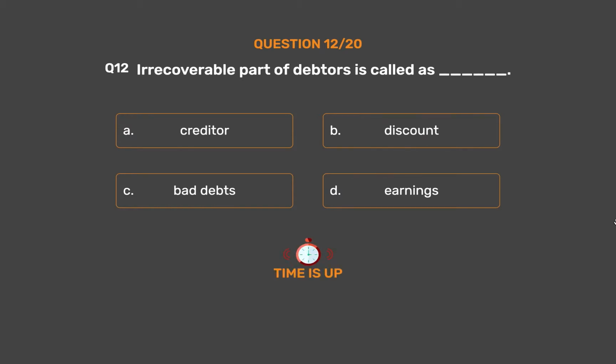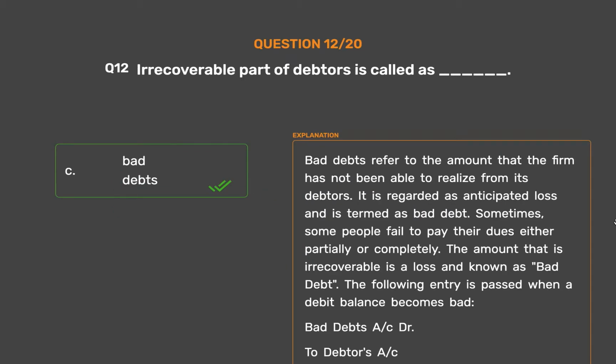The correct answer is option C, Bad debts. Bad debts refer to the amount that the firm has not been able to realize from its debtors. It is regarded as anticipated loss and is termed as bad debt. Sometimes, some people fail to pay their dues either partially or completely. The amount that is irrecoverable is a loss and known as bad debt.